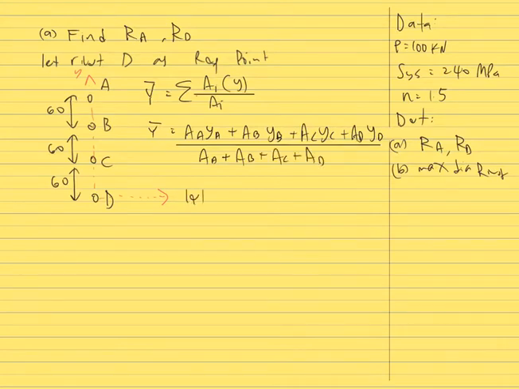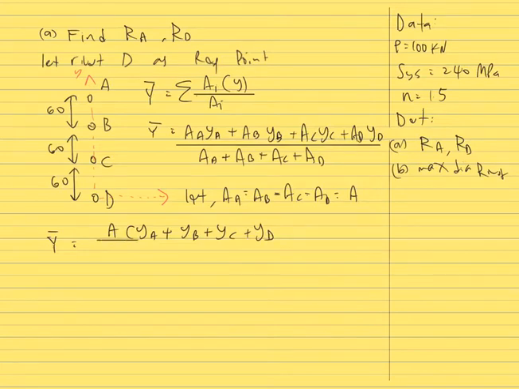Now let's assume that the cross-sectional area of rivets A, B, C, and D is all the same as A. So y bar is equal to A times the total of distances YA, YB, YC, and YD, divided by 4A, so area A can be cancelled out.